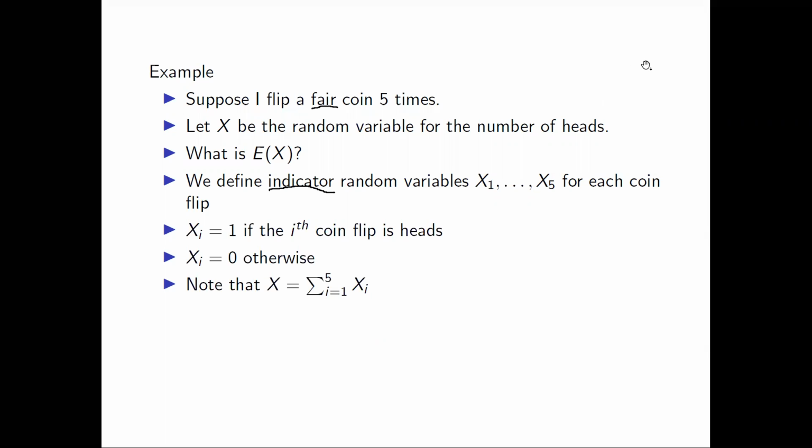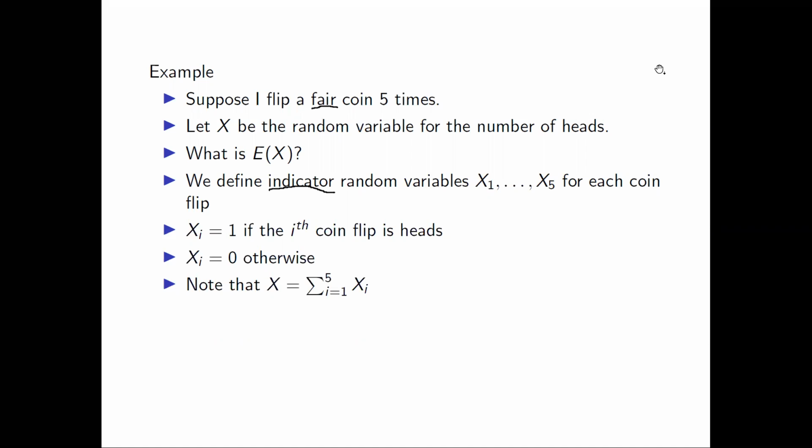And we can note that our random variable x, the total number of heads, is equal to the sum i equals 1 to 5 of xi, because each head contributes 1 to the sum, and each tail contributes 0. So the sum of these xi's actually counts the number of heads. It's just counting them. So x we can write as the sum of the xi's.